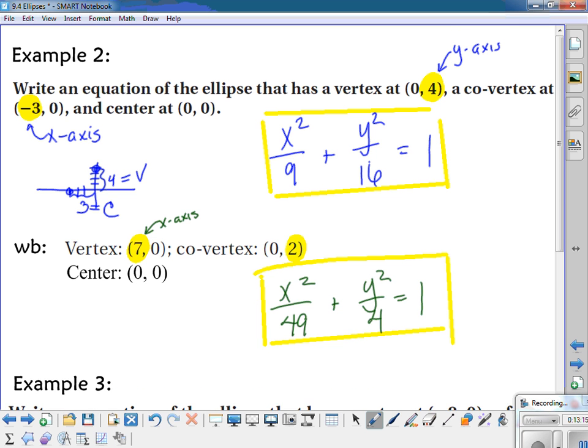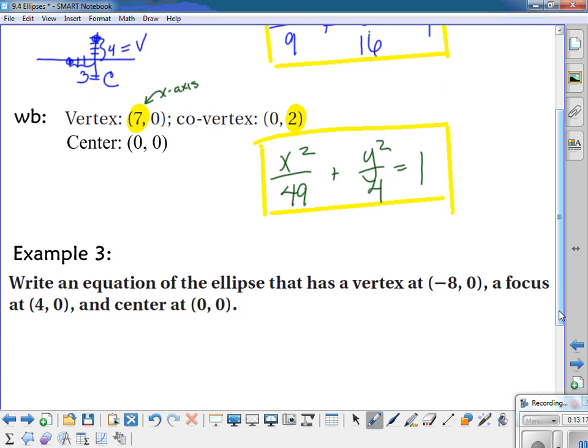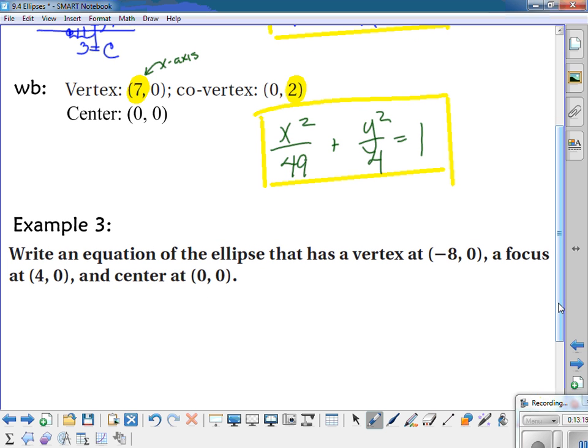All right, so now let's do one where I give you a vertex and a focus. So the vertex is going to be at -8, 0, and the focus is at 4, 0. And again, we're dealing with the center at 0, 0.